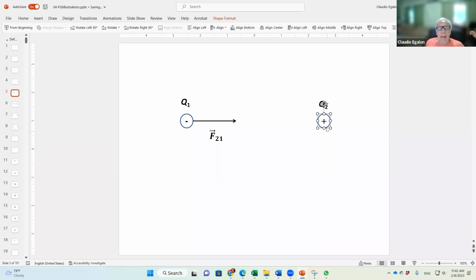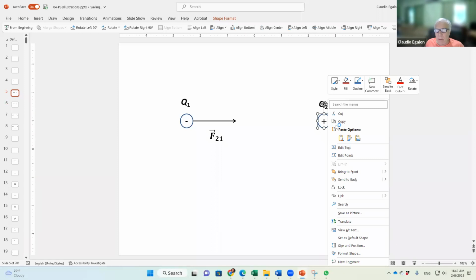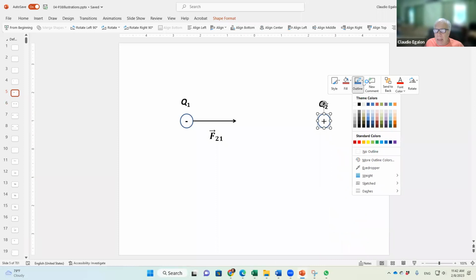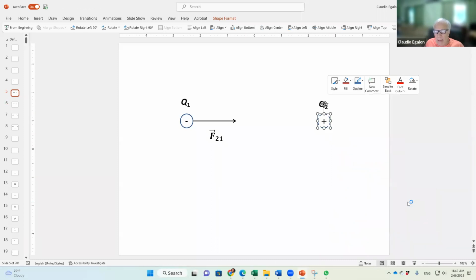And when I do the free body diagram, what else am I going to do? I'm going to make the other charge look like a ghost. Here's my ghost charge. Why is that? Because I'm doing the free body diagram of this charge alone.